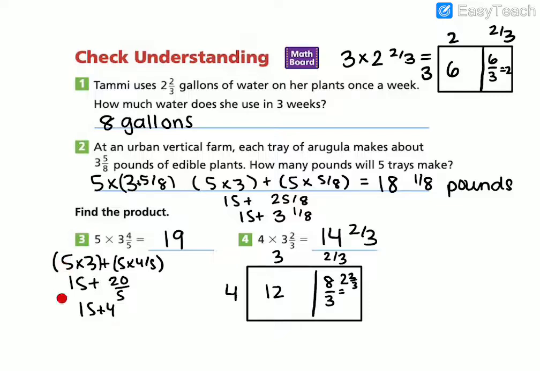For number 3, I also used distributive property. When I solved, I got the product of 19. And number 4, I used an area model again. So I broke this apart by place value with 3 2/3. 4 times 3 was 12. 4 times 2/3 is equal to 8/3, which is equal to 2 2/3. When I add them together, I get 14 2/3.